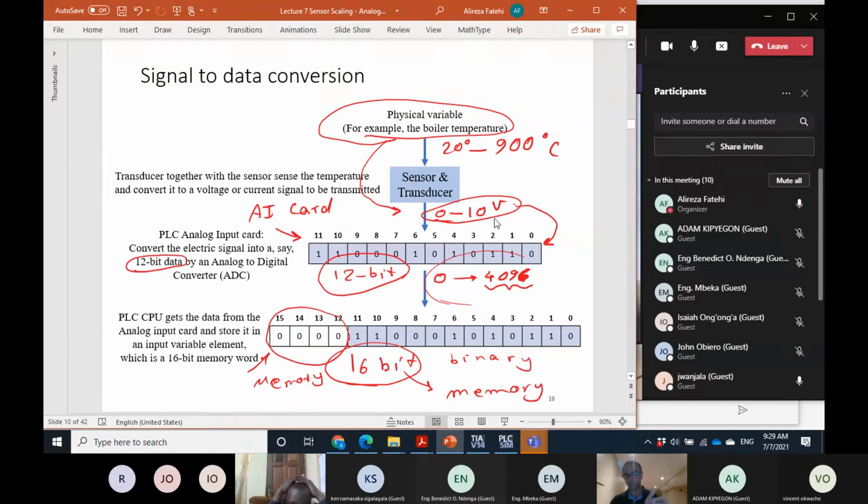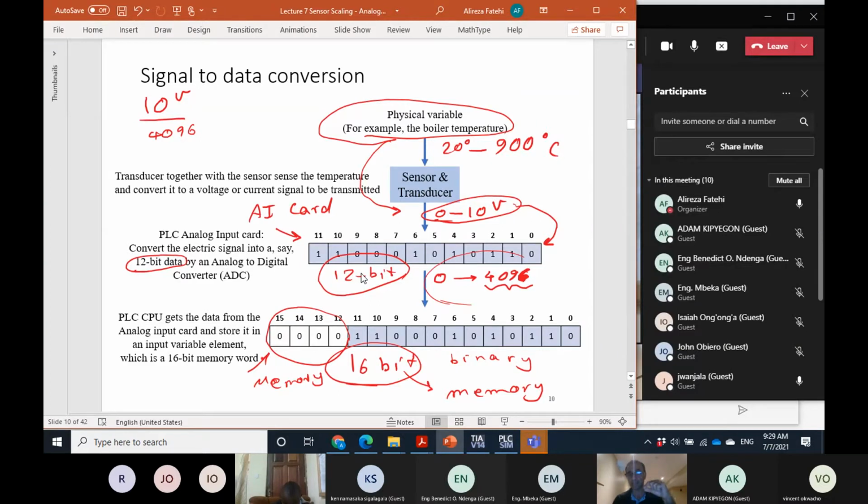So the whole range is divided into something around 4,000 divisions, and for each division we have a number. The error of that is, let's say, in the order of 10 volt. The quantization error is 10 volt divided by something around 4,096. Very small error that is sufficient for many of the typical applications.